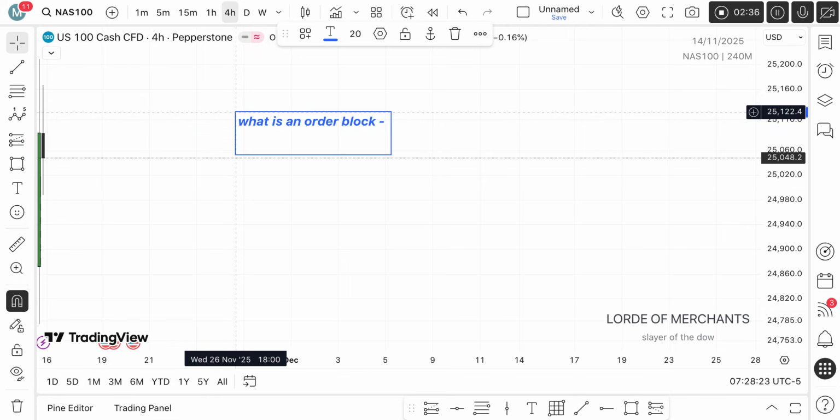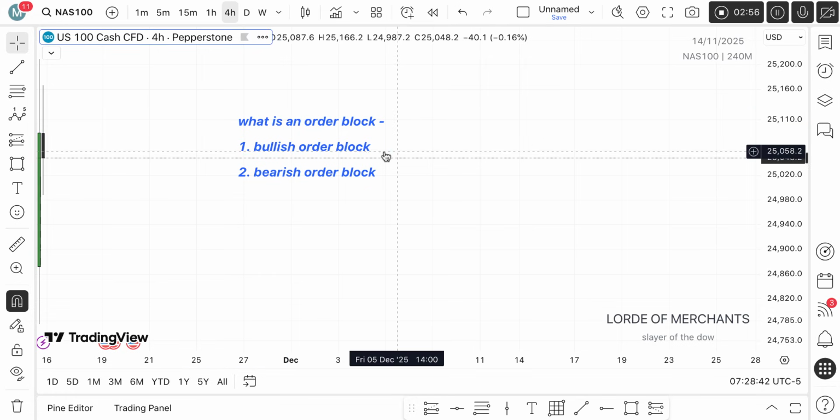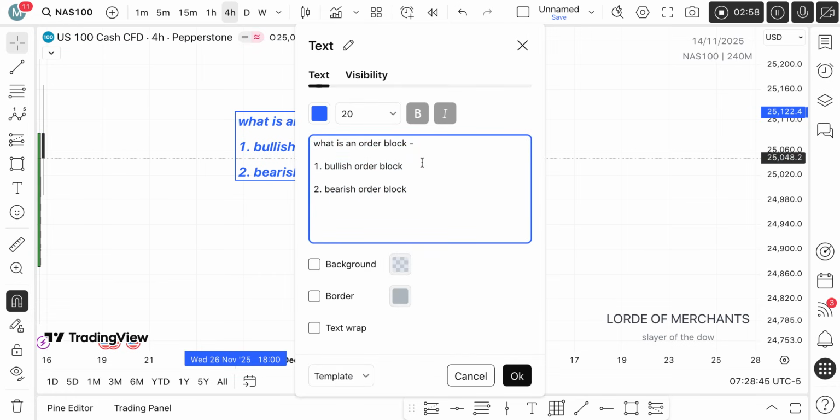Number one, we have the bullish order block, and number two is the bearish order block. Usually in a bullish order block, the price will offer us support, and in a bearish order block we will have resistance.